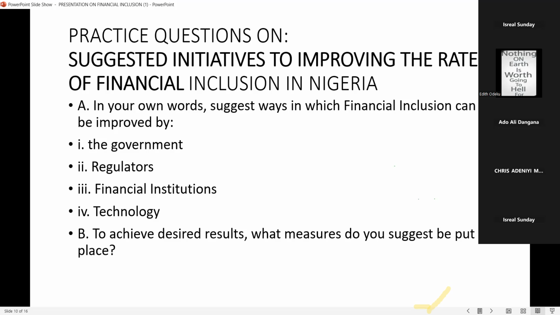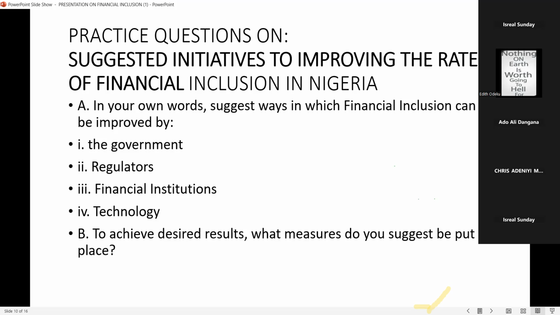By the use of your phone, you can open an account and do all of that. These are all stakeholders: the government, the regulator, the financial institutions, and the practitioners of technology.